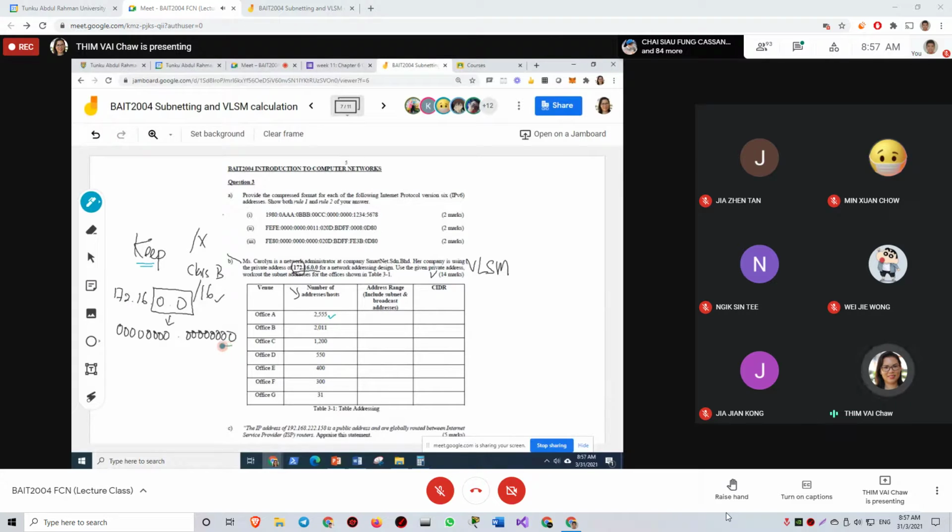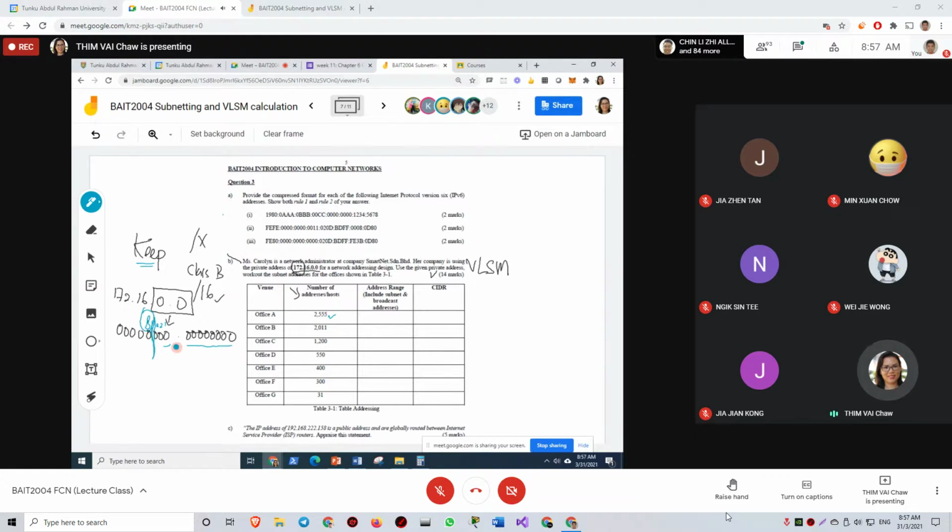If I keep 8 bits, it's not enough. 2 to the power of 10, I only get 1024. So I need to keep 12. I draw the line and tell you that my magic numbers here are 1, 2, 4, and the magic number here is 8. So in this case, this is the magic number.